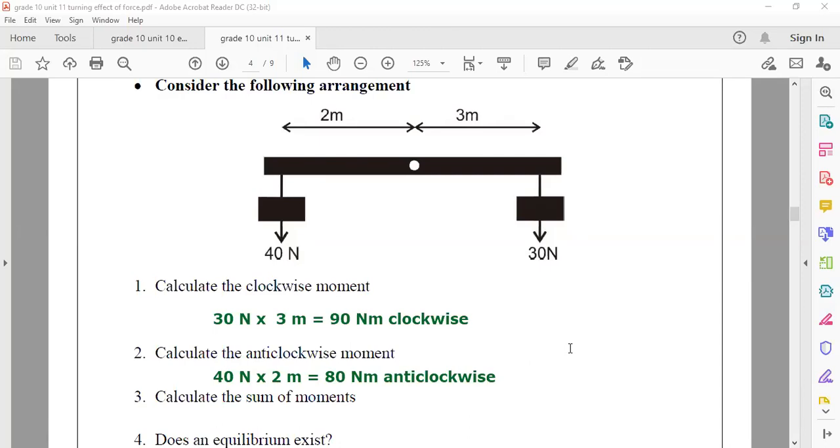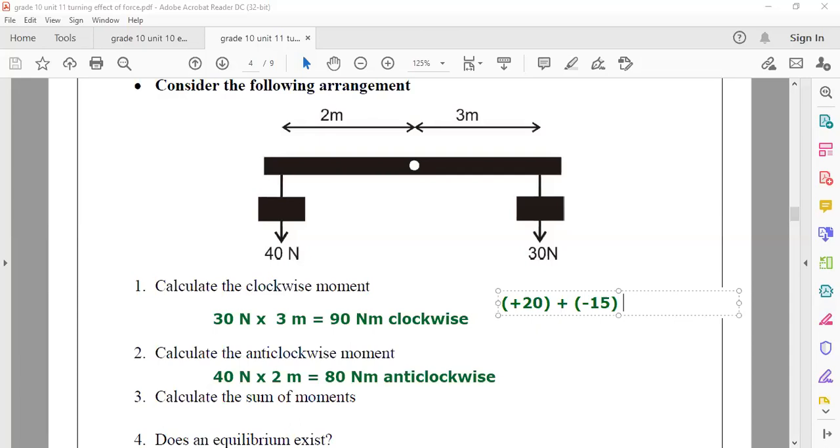Now, in your mathematics, your maths teacher asks you to add plus 20 to minus 15. In that case, will you add them and say 35?